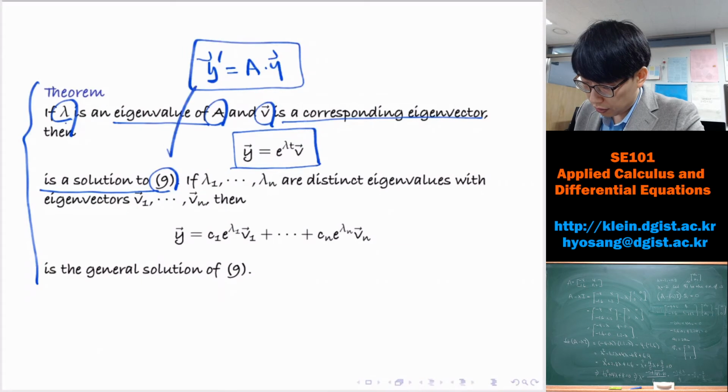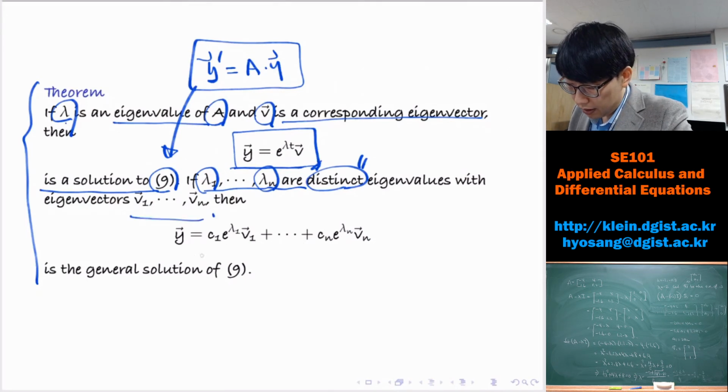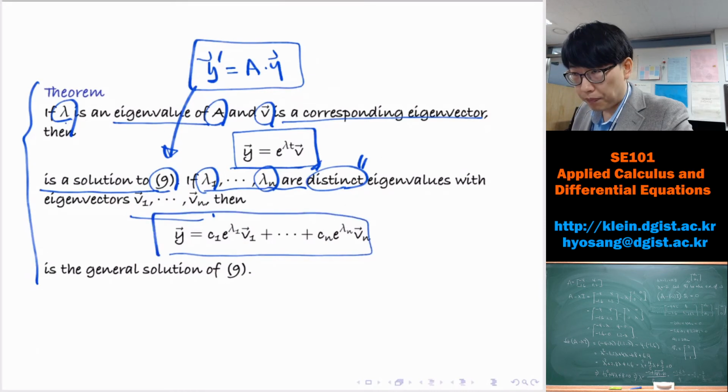It seems weird; let me show by example. Further, if you have n distinct, it's very important, distinct eigenvalues, which means that none of these values are the same, so we have n equations and n distinct eigenvalues with eigenvectors, then this is the general solution.